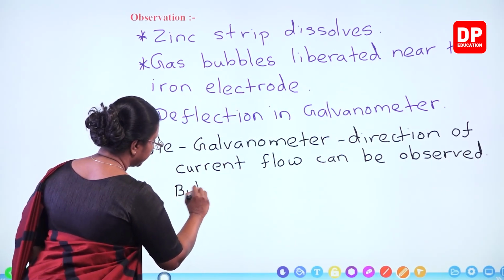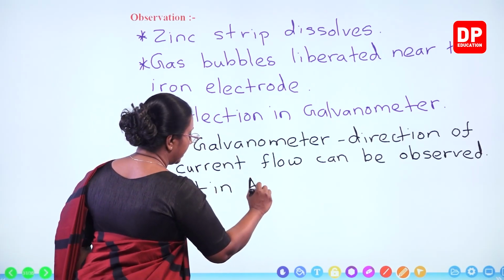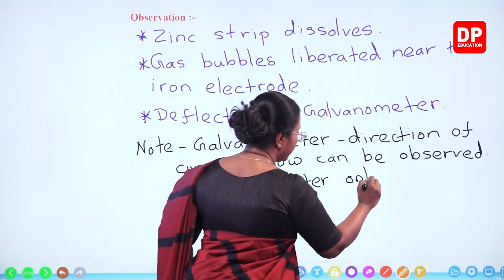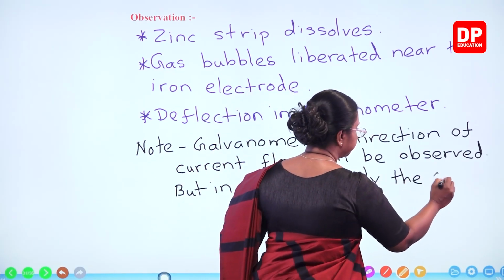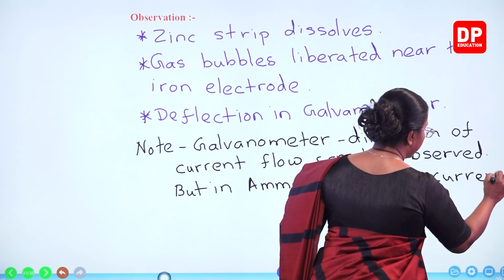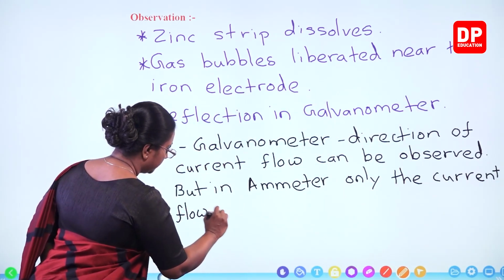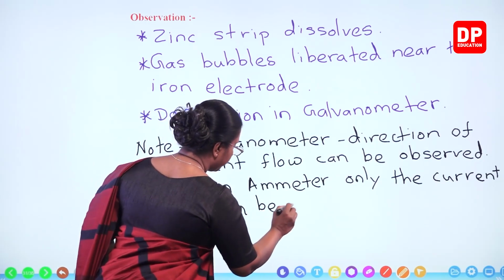but in an ammeter only the current flow can be observed.